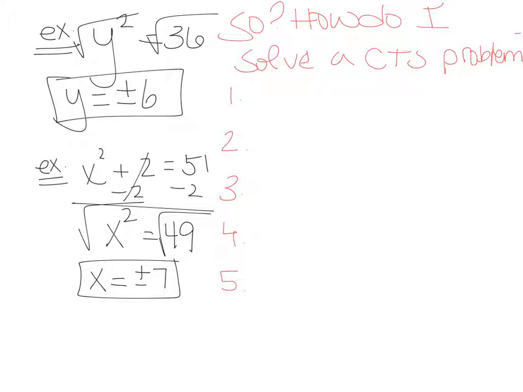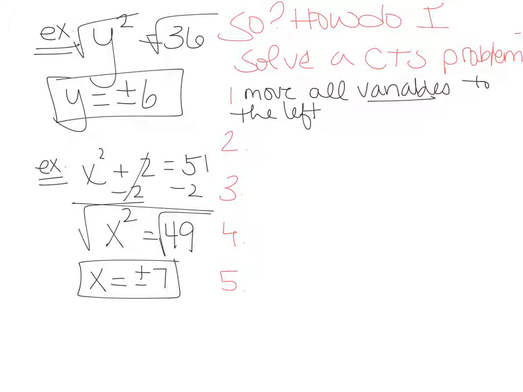Step 1, move all variables to the left. So I'm going to move all my variables to the left. And step 2, I'm going to move all constants to the right.